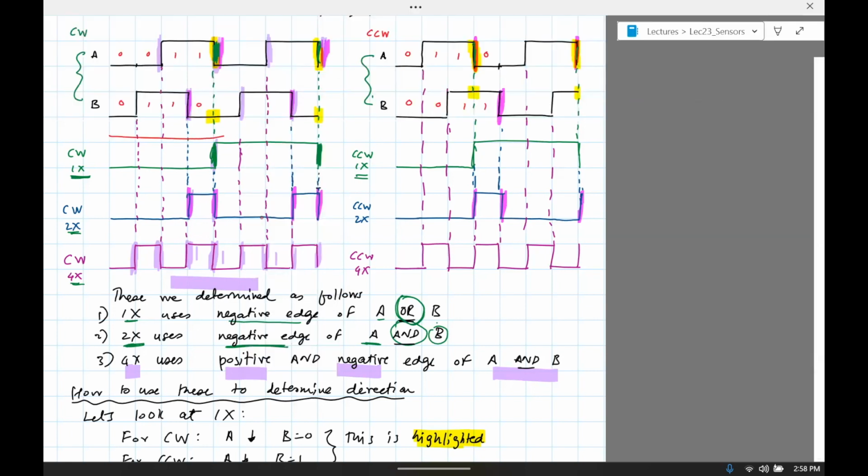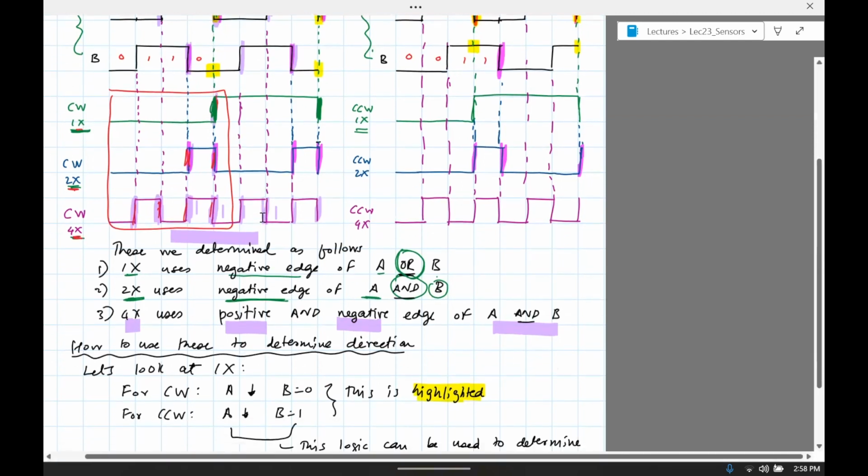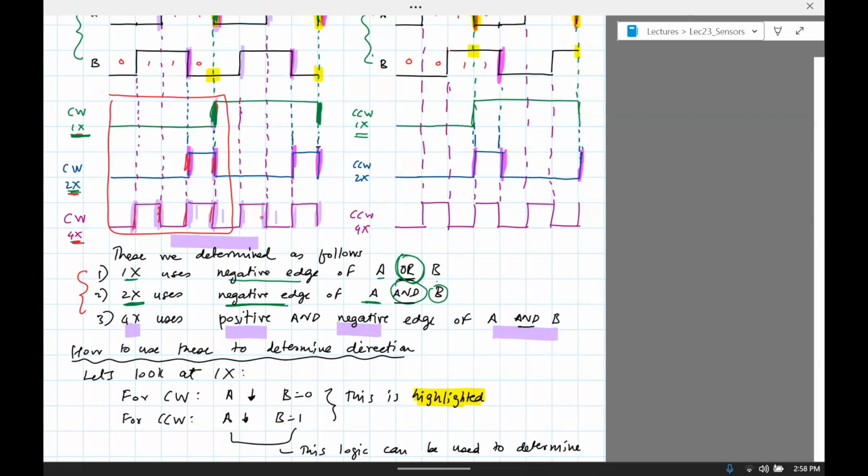So this is 1 unit. In 1 unit, you have 1 trigger for 1x, 2 triggers for 2x, and 4 triggers for 4x. So for this much rotation, you have a resolution of 1, 2, and 4. That's why they have different resolutions.